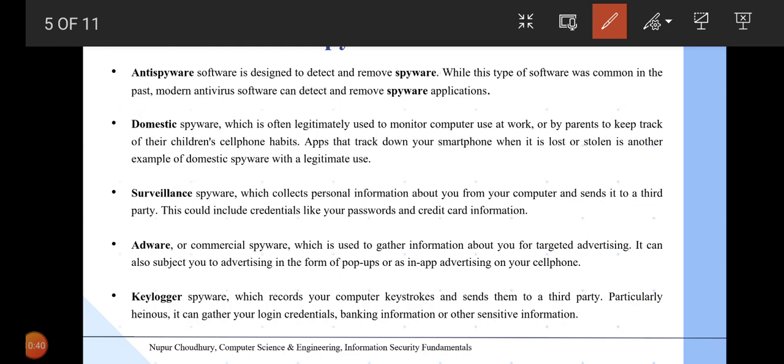First of all is the domestic spyware, which is often legitimately used to monitor computer use at work or by parents to keep track of their children's cell phone habits, or apps that track down your smartphone when it is lost or stolen.